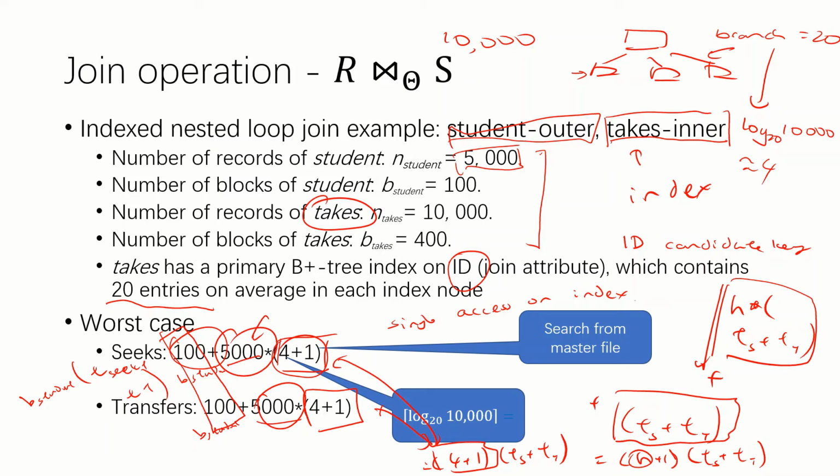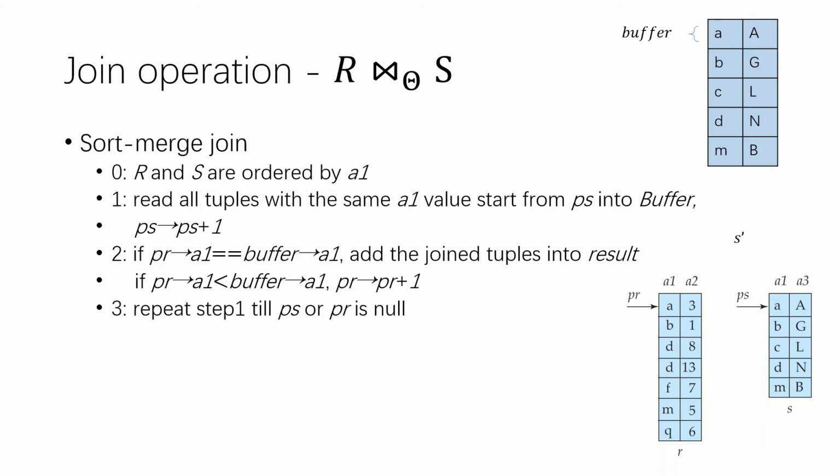So I hope this is clear. How this works is the following. The first thing you do is both of the tuples are sorted based on A1, and you will first find the tuples with the same A1 value and load them into the buffer.